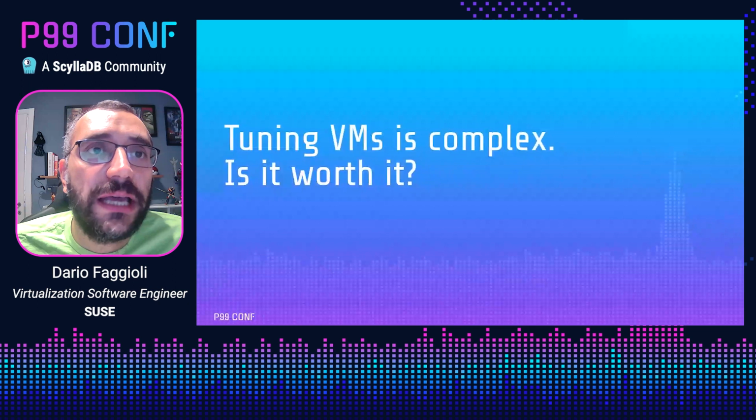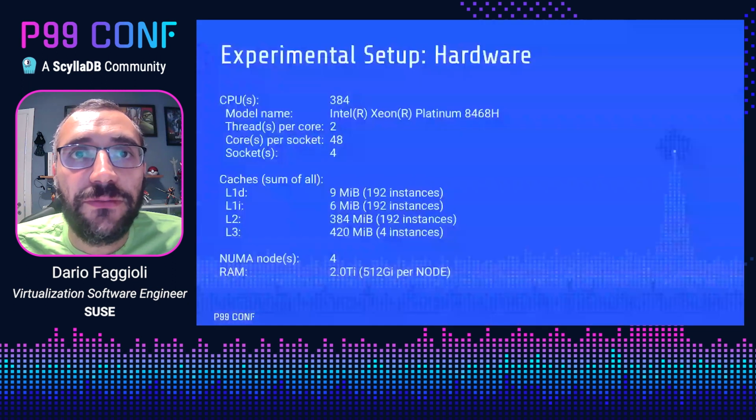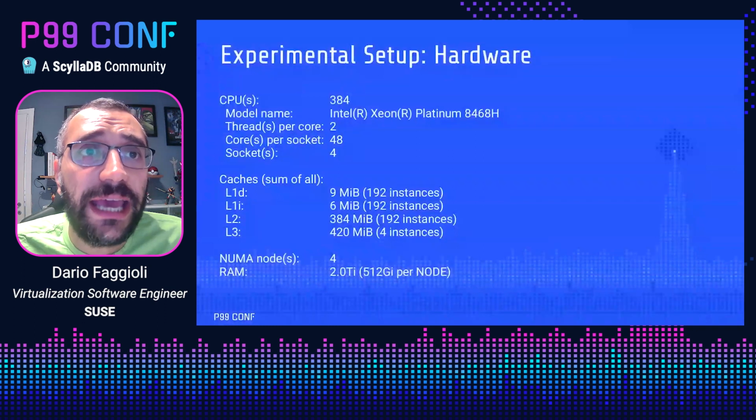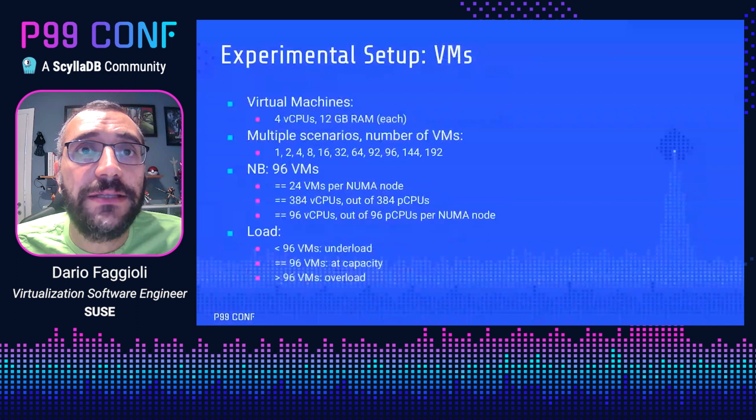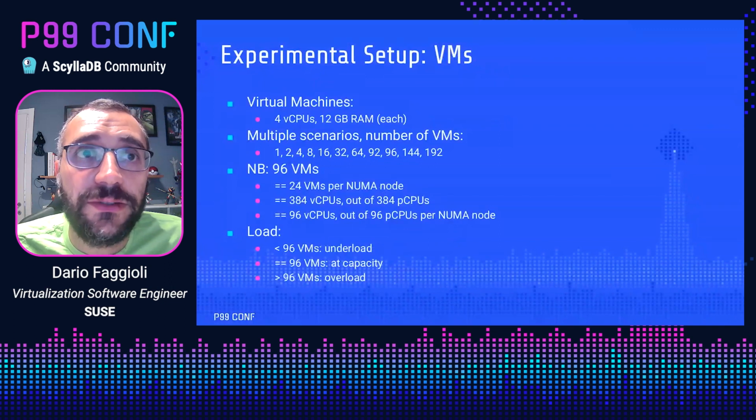As a host, I used a rather large Intel server with 384 physical CPUs, 4 NUMA nodes, and 2 terabytes of RAM. The VMs instead had 4 virtual CPUs and 12 gigabytes of RAM each, and the number of concurrently running VMs varied between 1 and 192.